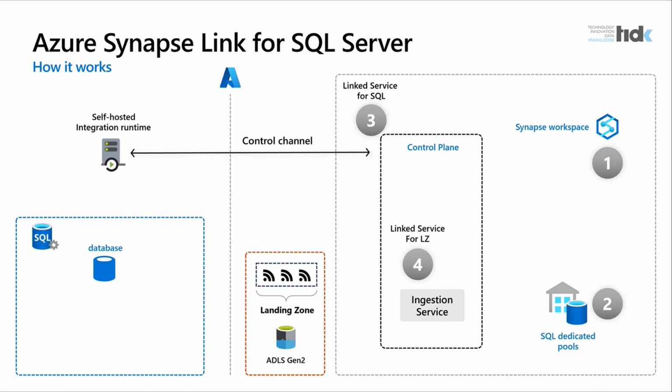The second one is the linked service for our landing zone, and our landing zone is and should be dedicated ADLS Gen2 storage. It is used to store all the artifacts that are created during the change data feed replication between on-prem and Synapse workspace.